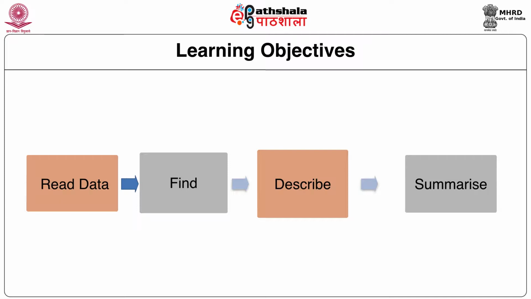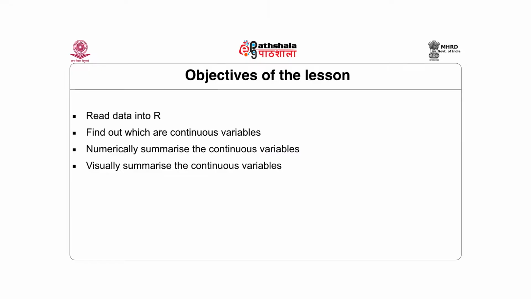Let's now talk about what exactly we are going to do in this particular lesson. As I said, we are going to read data, and then in the data set, we are going to find out which variables are continuous variables, and then we shall numerically summarize the continuous variables.